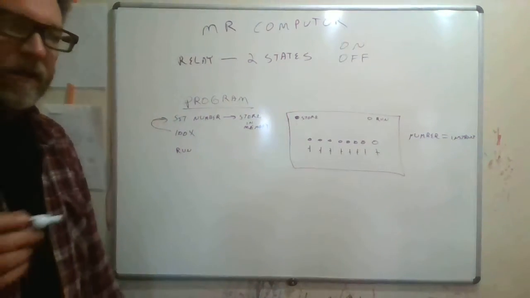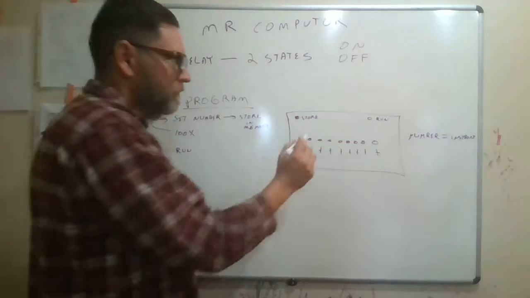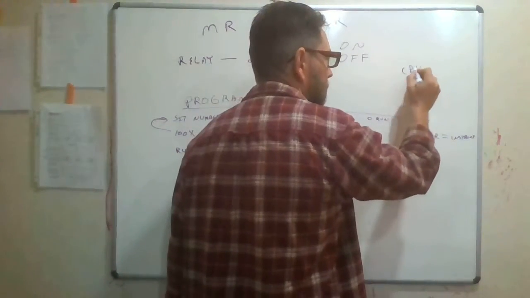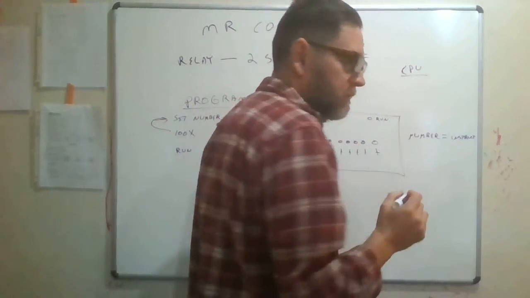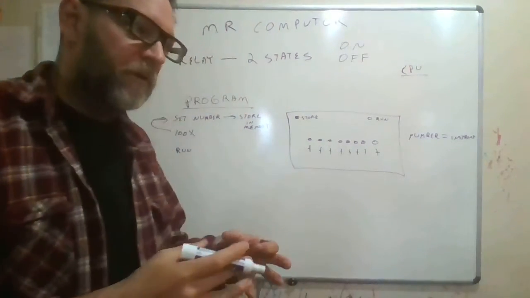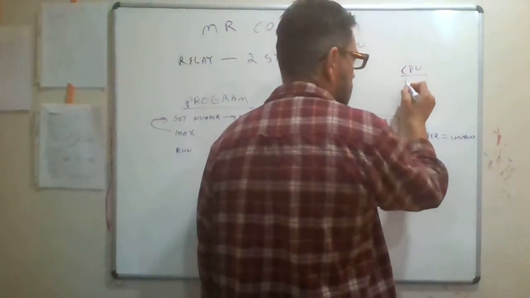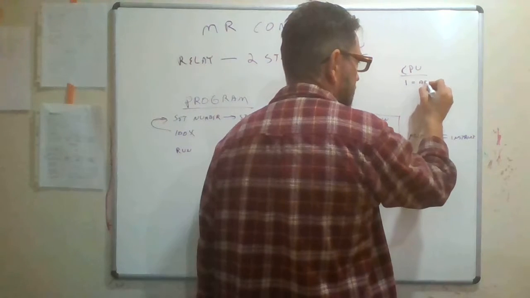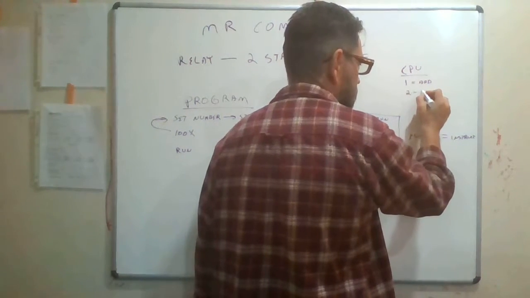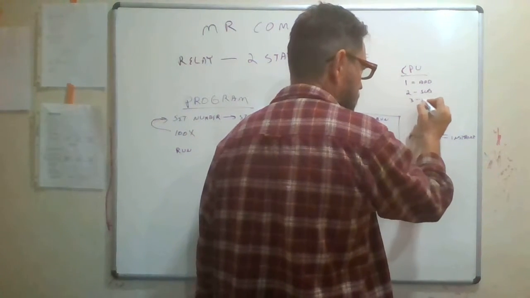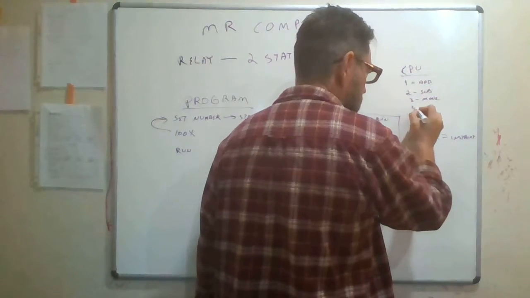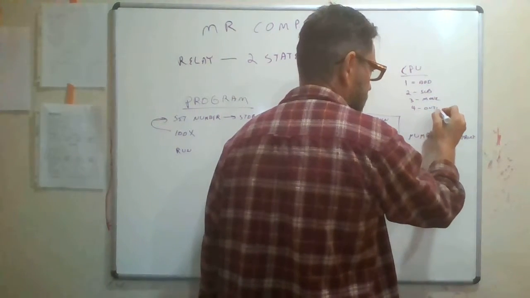Okay? So inside the CPU, it's built so that it knows instruction 1 means add. Instruction 2 means subtract. Instruction 3 means move. 4 means output.